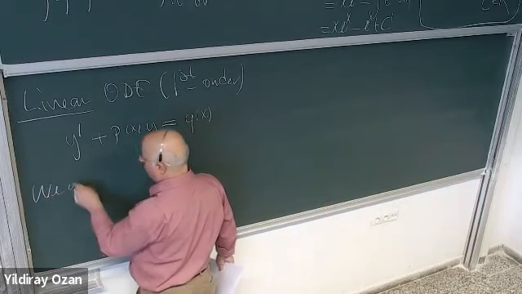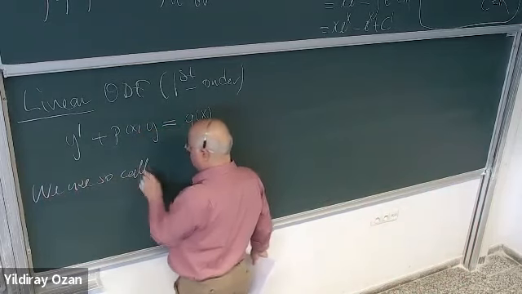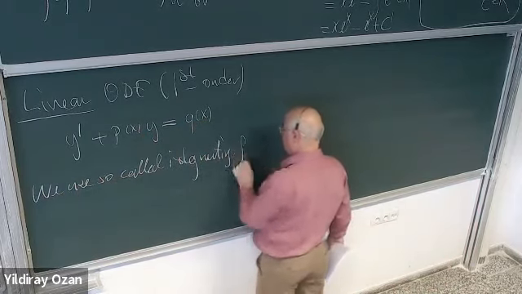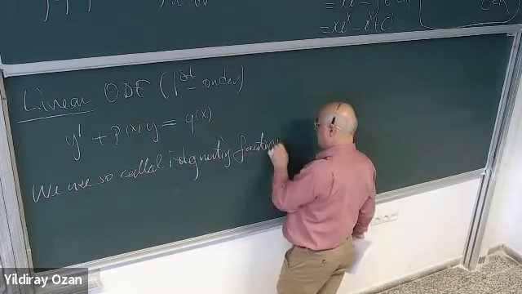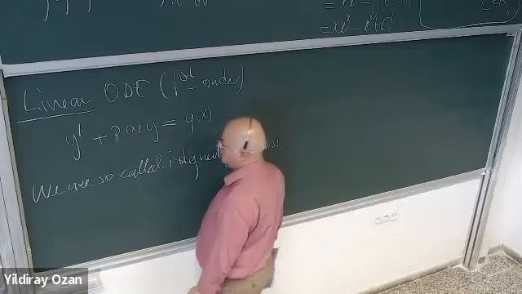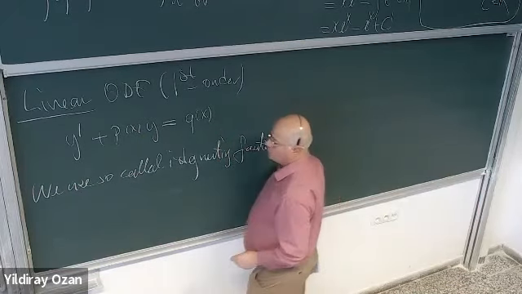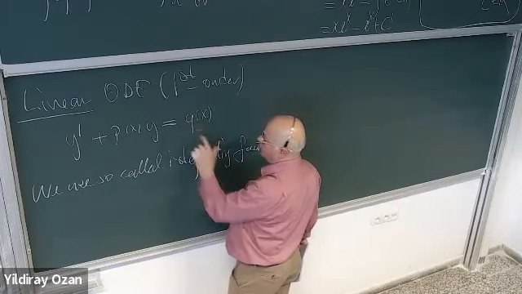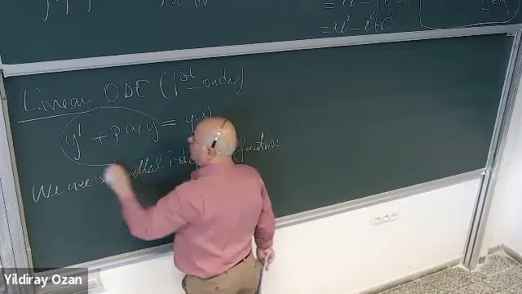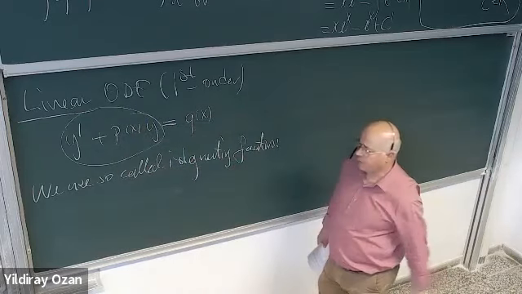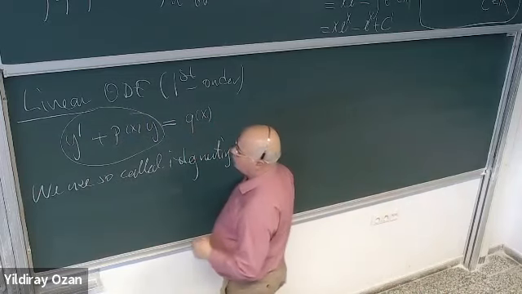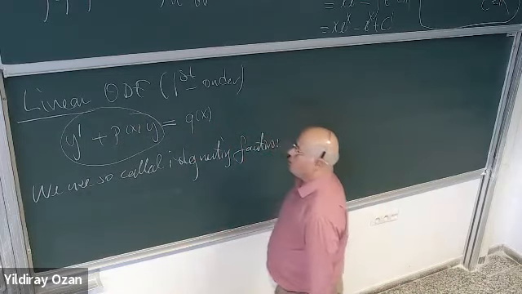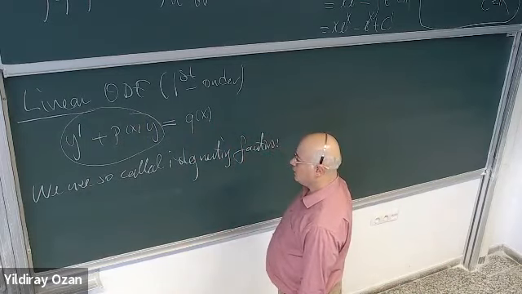So-called integrating factors. What's that? It's a function so that when you multiply this equation with that function, the left-hand side becomes the derivative of some expression, a single expression.